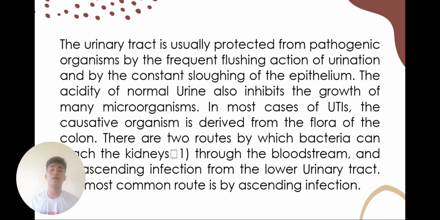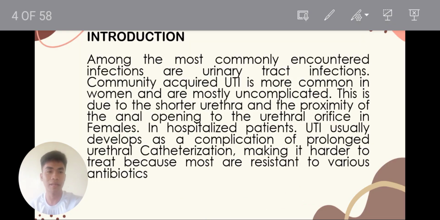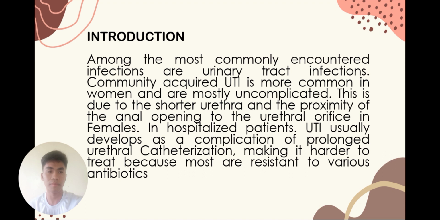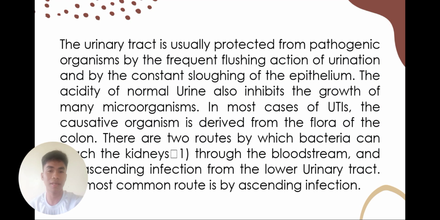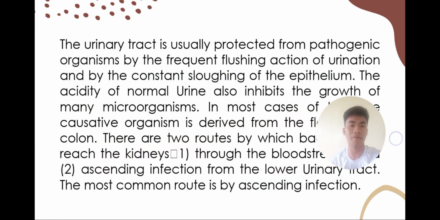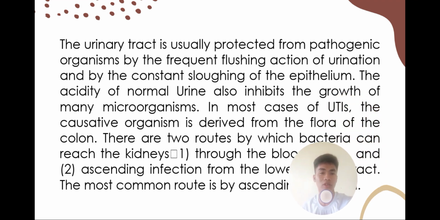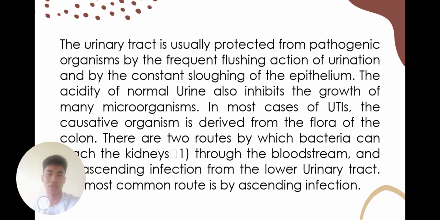There are two routes by which bacteria can reach the kidneys. First, through the bloodstream, and second, ascending infection from the lower urinary tract, which is the most common route.